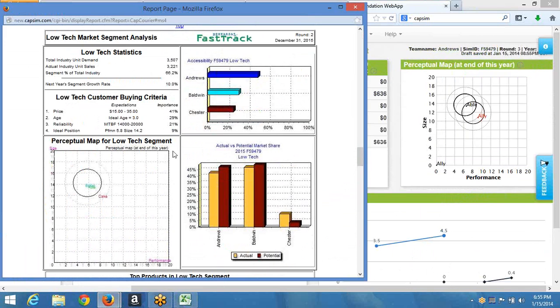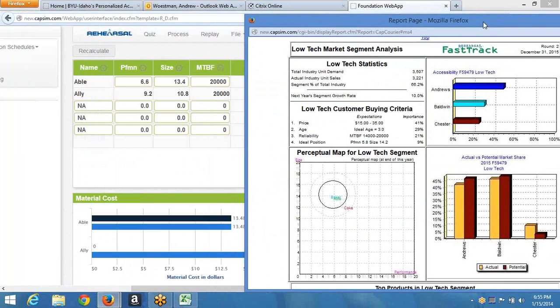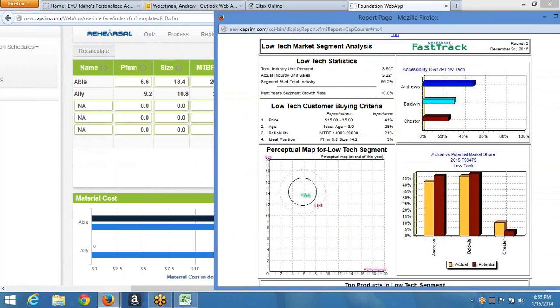It says the ideal position for last year was 5.8, 14.2. She's at 6.6 and 13.4. So in the low-tech segment, you're going to add 0.5 in performance and subtract 0.5 in size in order to find out what your new ideal position is for the next year.